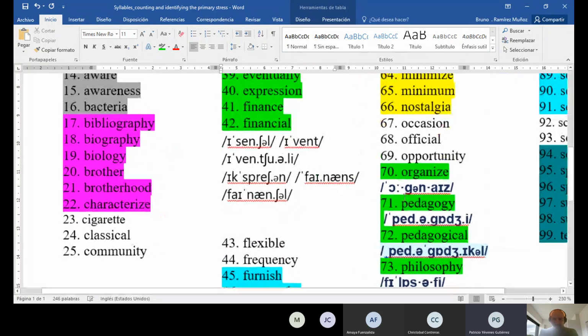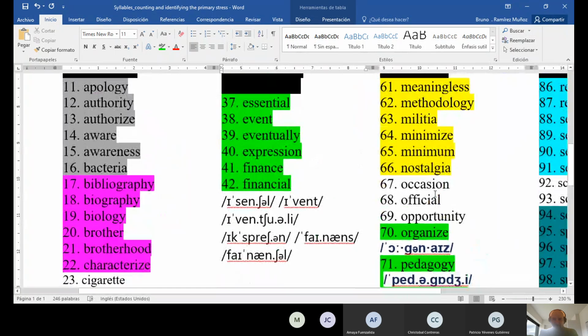Okay, so the first word will be essential. And as we can see, this word has 3 syllables, and the stress is in the second one, essential.